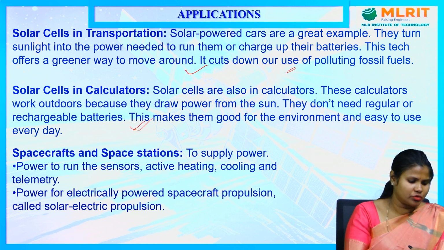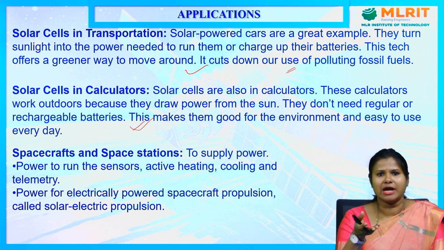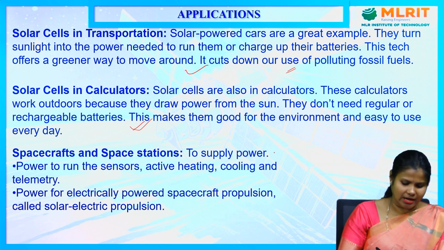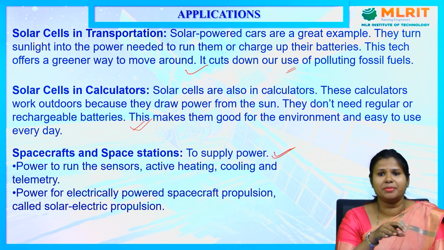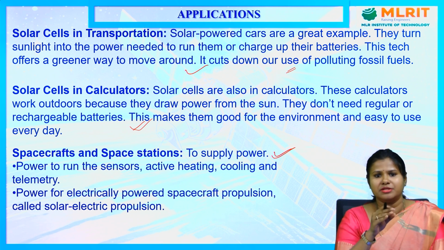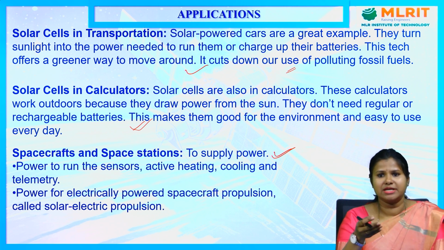Then solar cells are used in calculators. In calculators, instead of a battery, we are using solar cells to operate them. And another use of the solar cell is in spacecraft and space stations. We are using solar panels on spacecraft and space stations to produce electricity which can be used there.